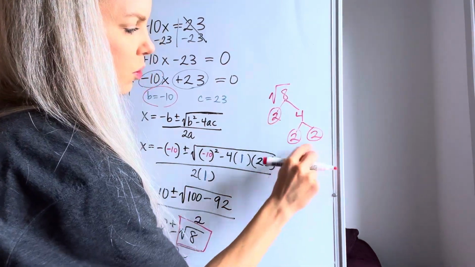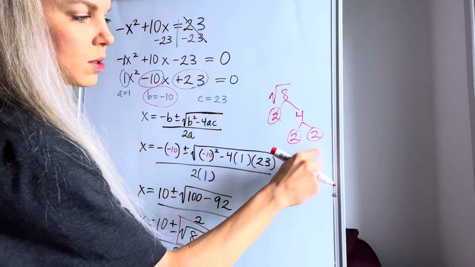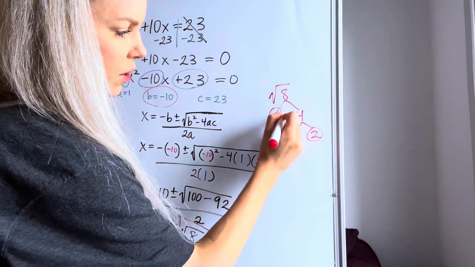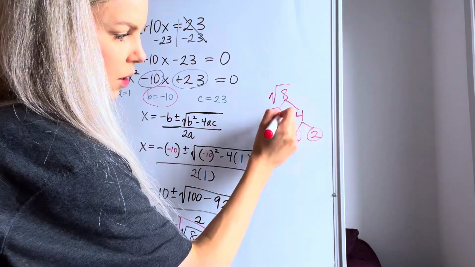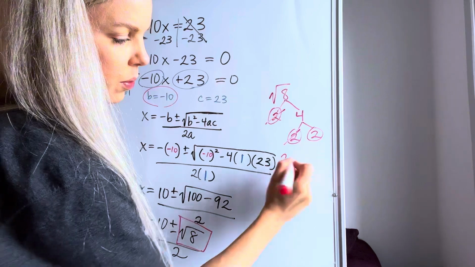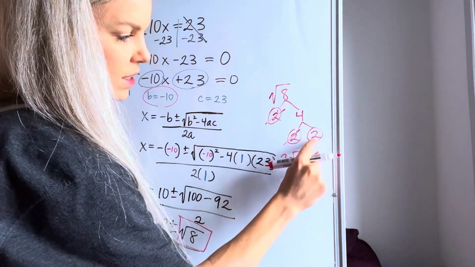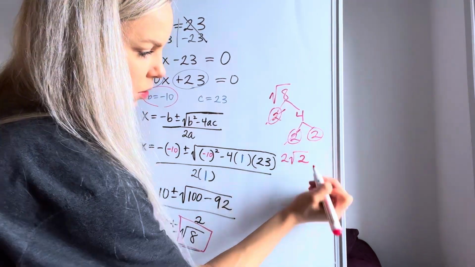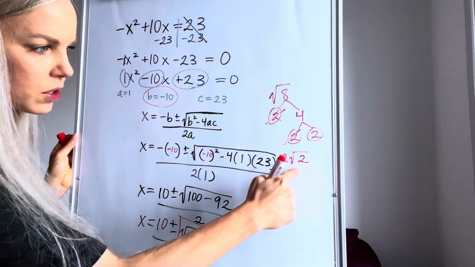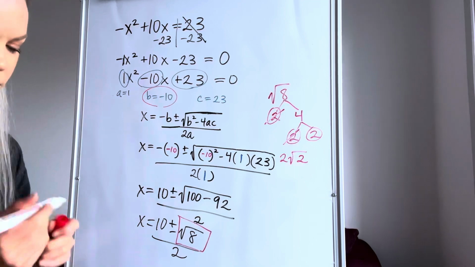So circle all your primes. So 8 is the same as 2 times 2 times 2. That means I have a pair of 2's here. You could do either pair. Anything that has a pair is going to come outside the radical one time. Anything that doesn't have a pair stays under the radical. And so this square root of 8 simplifies to 2 square roots of 2.